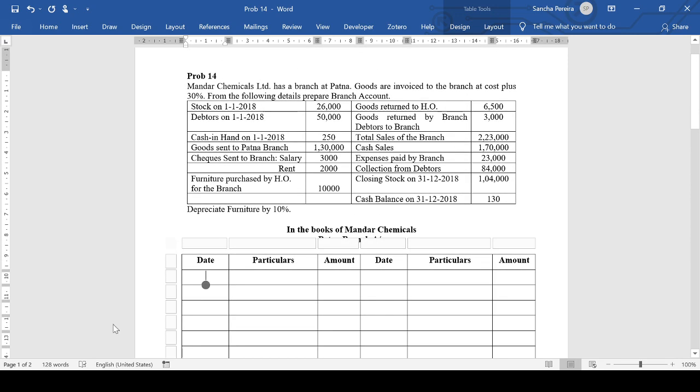So we put in the opening balances. 1st January 2018, to balance brought down. There is stock, which is 26,000. There's debtors, which is 50,000, and there's cash, which is 250. Cash in hand is 250.